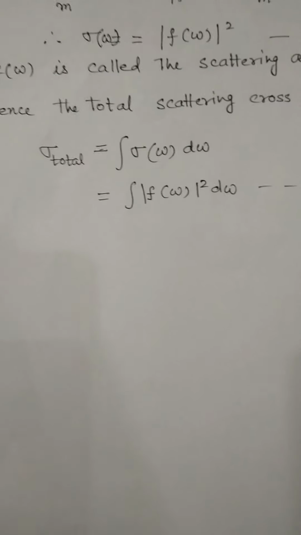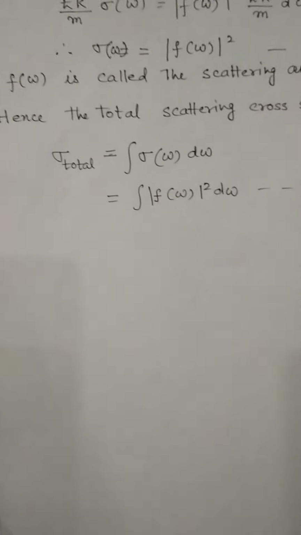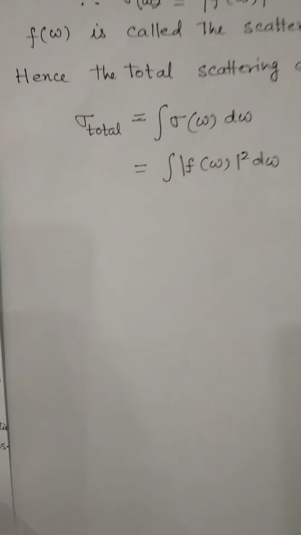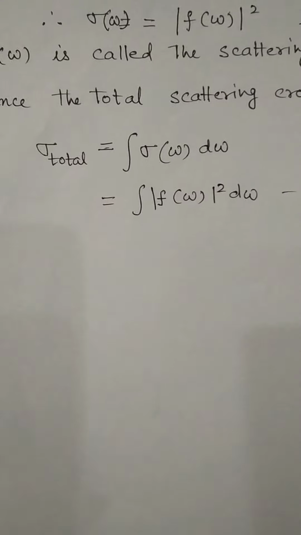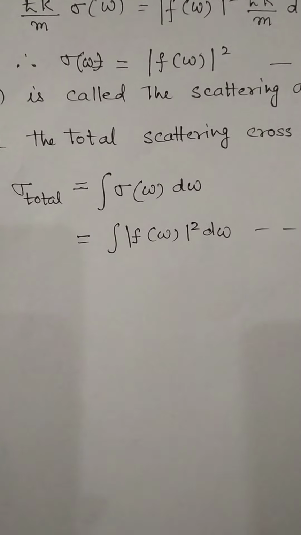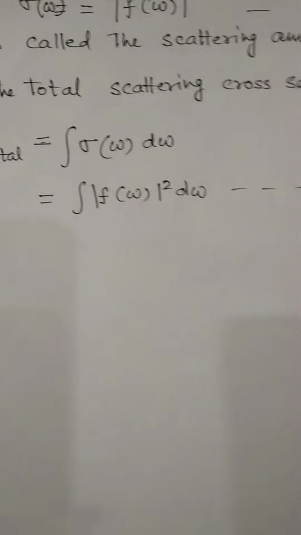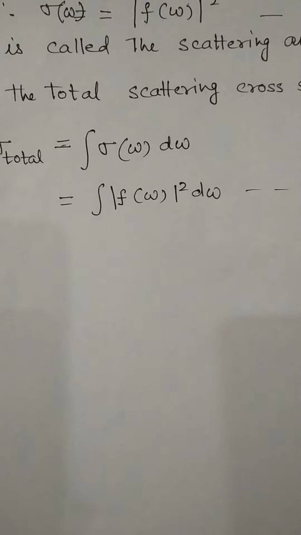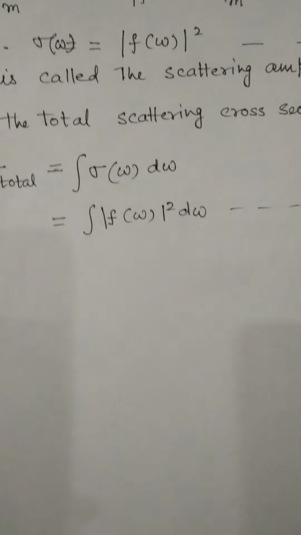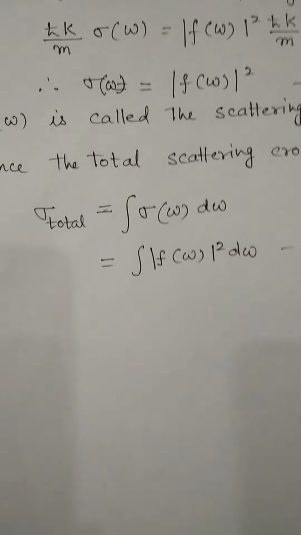This is all about how sigma total, the total scattering cross section, is related with the amplitude of scattering, and how it is related with the differential scattering cross section.